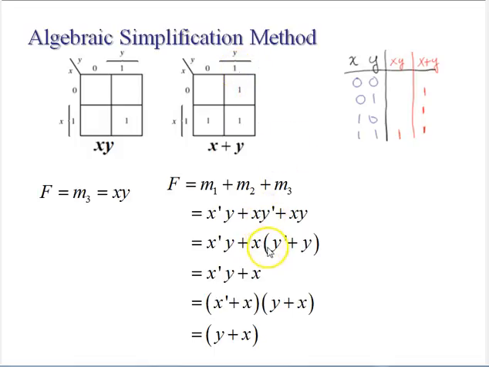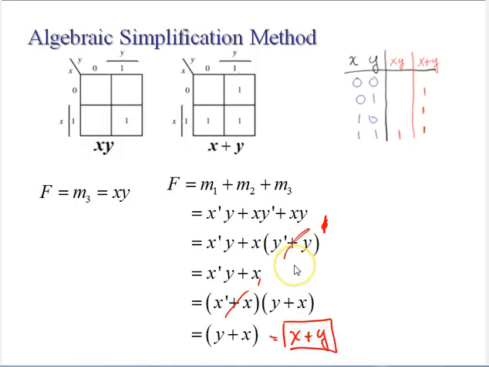Algebraically, we can pull this x out using the distribution theorem, and then we know that y or y prime is always equal to 1, so we get x prime y or x. Then we can use our distribution theorem again, and we get x or x prime, and we get x or y. And we know that x or x prime is also equal to 1, so now we've simplified this to just y or x, or we might want to write that as x or y, so it's in alphabetical order.